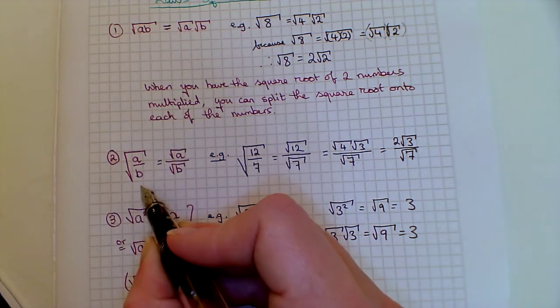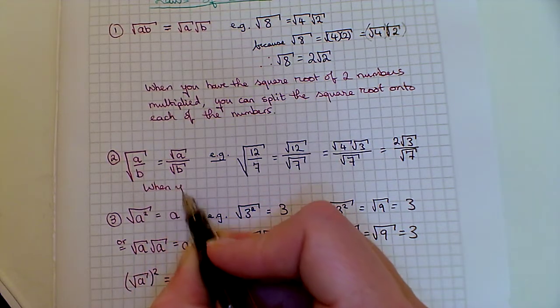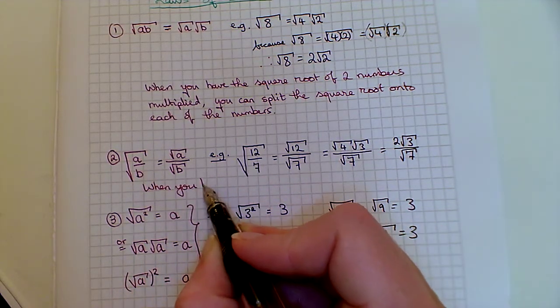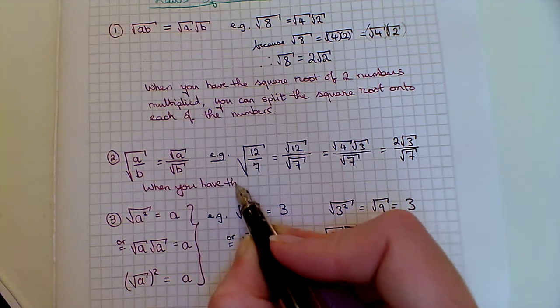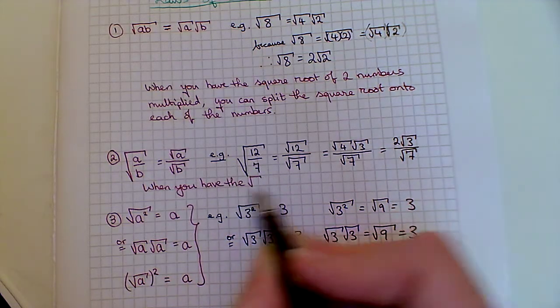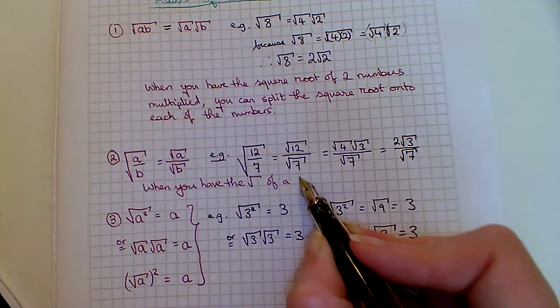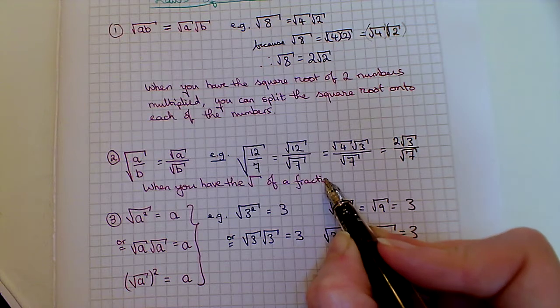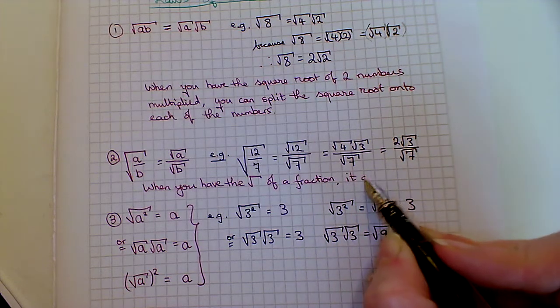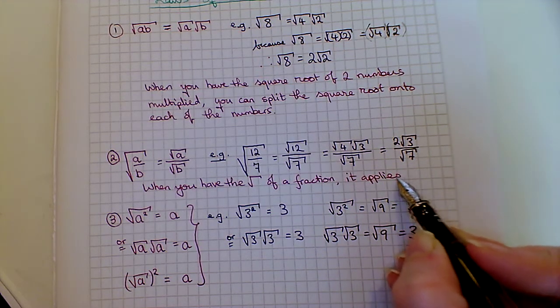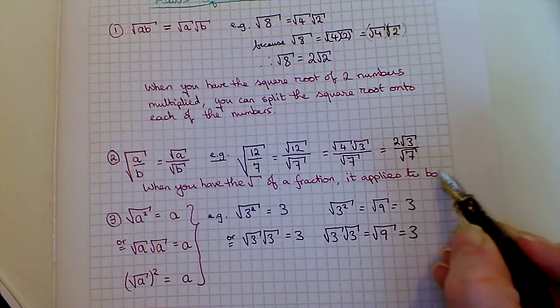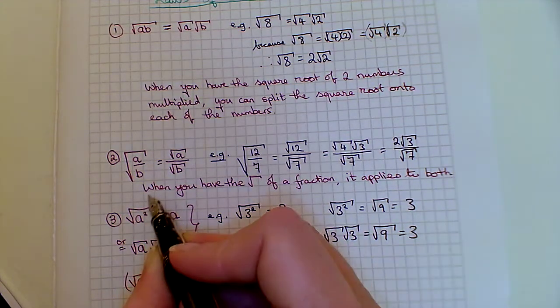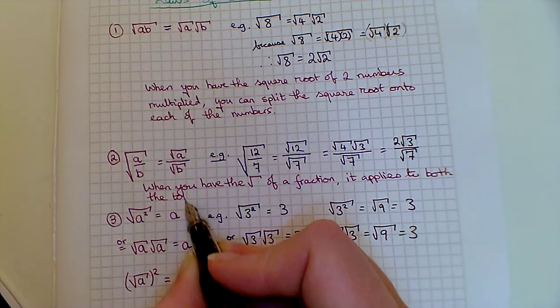For the second one, when you have the square root of a fraction, I'm just going to use the symbol, square root of a fraction, it applies to both the top and the bottom numbers.